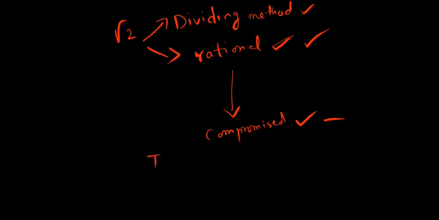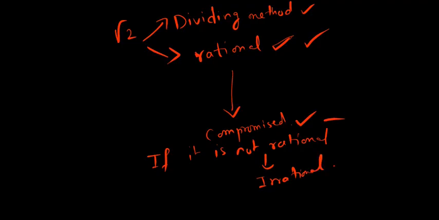If it is not rational, it must be irrational. Like this, we prove whether it is rational or irrational. How do we prove it? Let's go. They will say prove root 2 is irrational. So first, let us assume that root 2 is rational only.